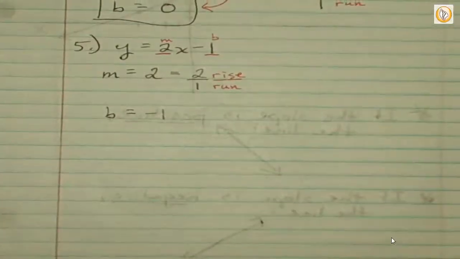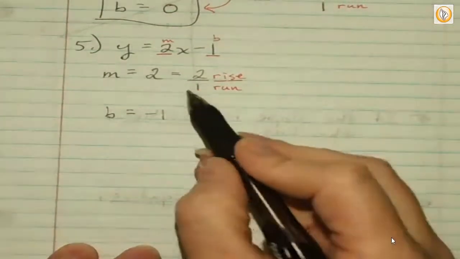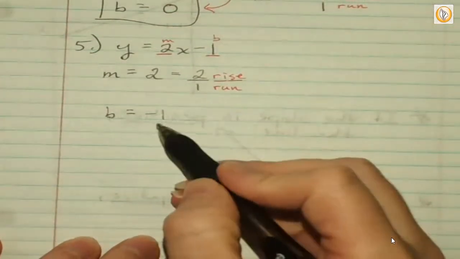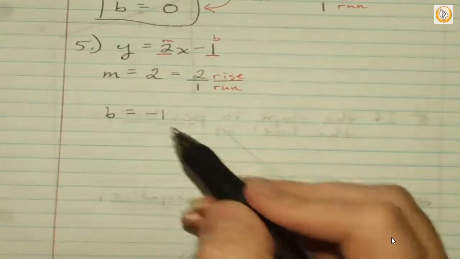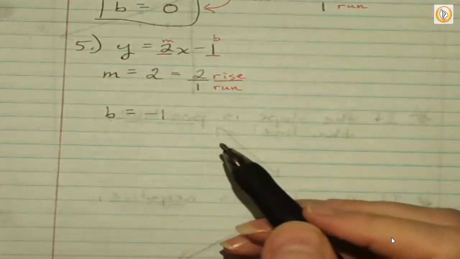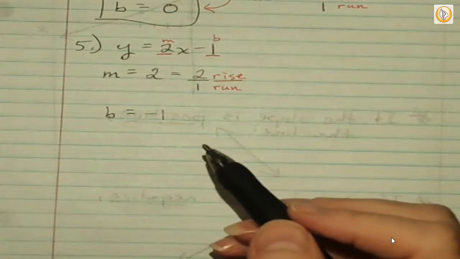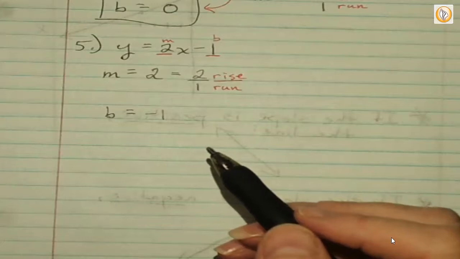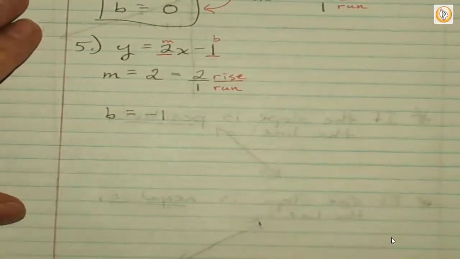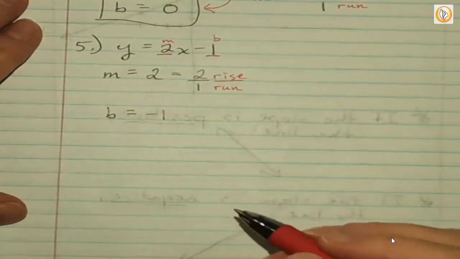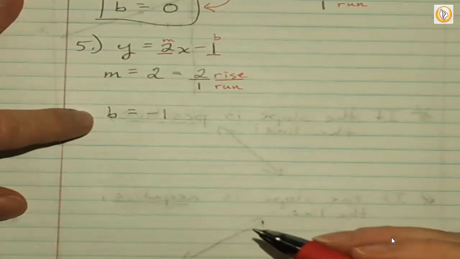Now, the slope is 2 over 1. Your y-intercept is -1. Okay, so look at those graphs. A, B, C, and D. First of all, process of elimination. Matthew, what should we plot first? The slope or the y-intercept?